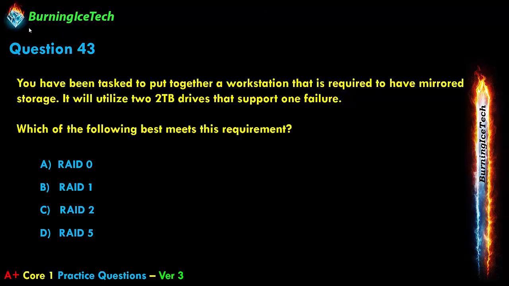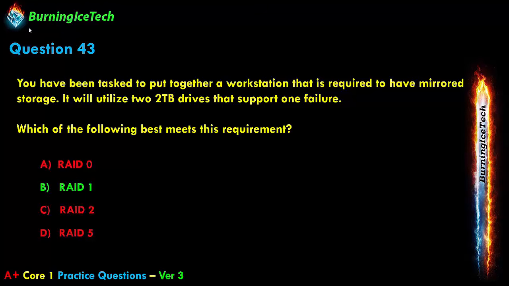RAID 2 is already eliminated because I kind of made that up. So the answer is going to be between RAID 0 and RAID 1. RAID 0, folks, is used for performance purposes. This will speed up a machine, but it does not give you redundancy or fault tolerance. So it's not going to be a mirror drive. It's not RAID 0.